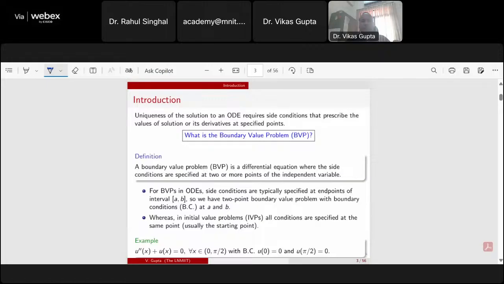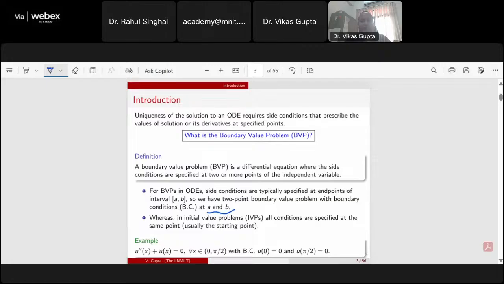In a boundary value problem for an ODE, side conditions are typically specified at the end points of the domain. What is the domain for a two-point boundary value problem? In one case, a simple closed interval [a, b], so boundary conditions are specified at the end points a and b.